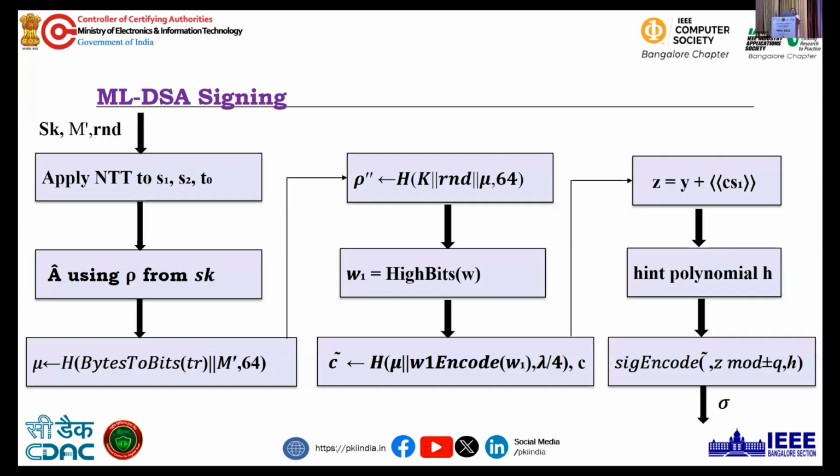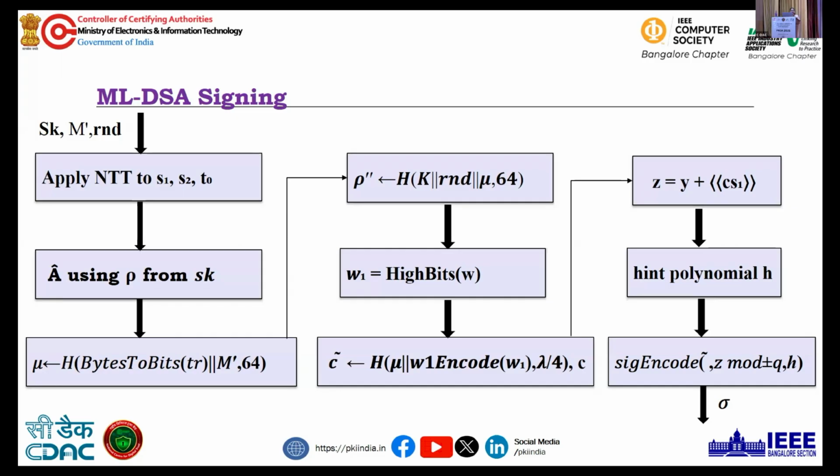In hedged mode, we use random vectors, so random bits are generated, but in deterministic mode, 32 bytes of zeros are taken. From the private key, we extract all the parameters like rho, K, S1, S2, T0, everything. A-hat is generated using rho from SK.